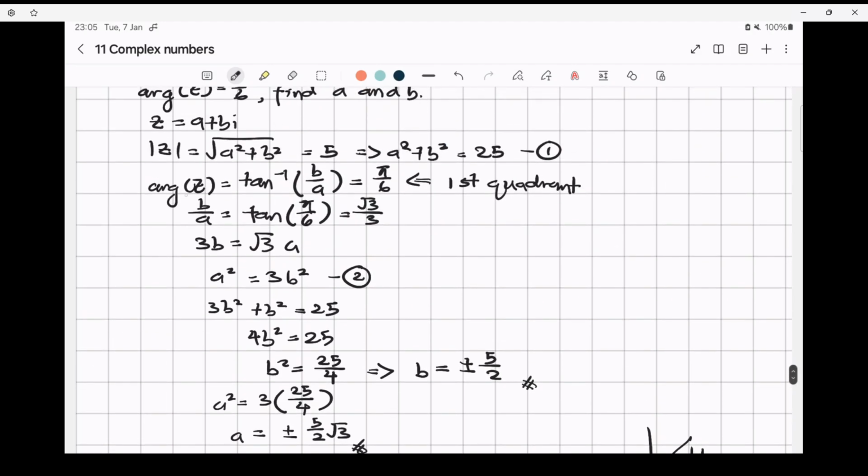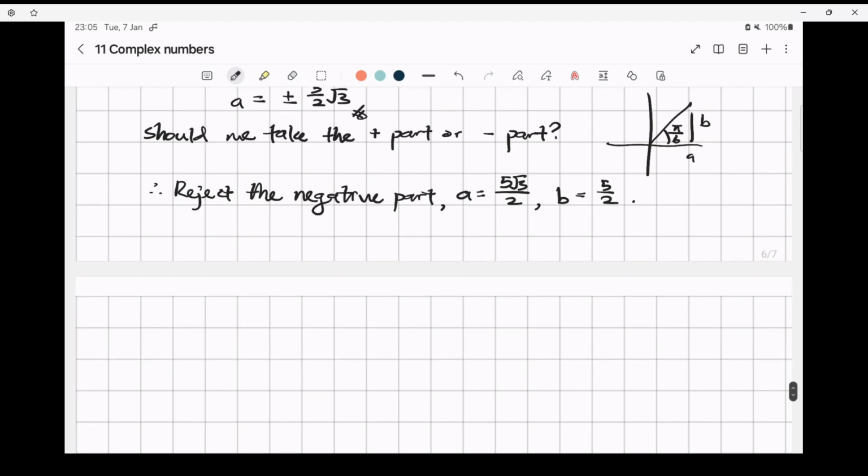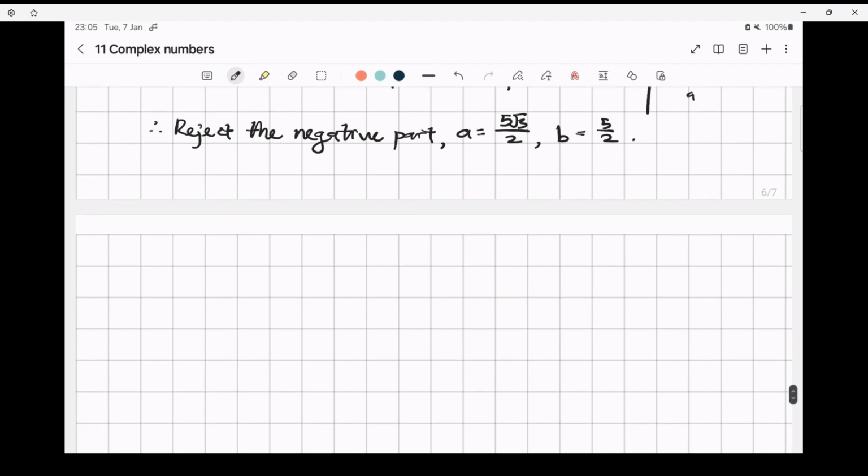You need to look at the argument and figure out which quadrant your complex number will be in, and then finally decide which part you need to take. Okay?